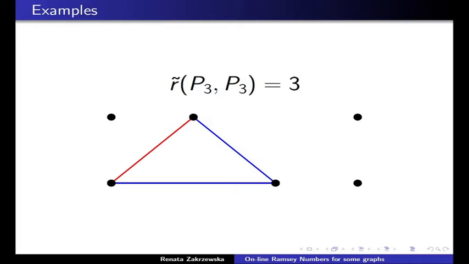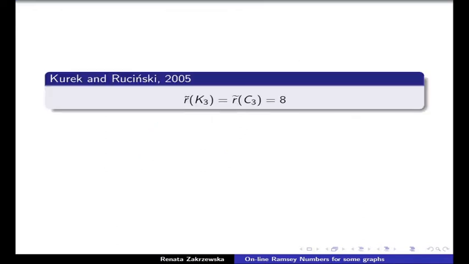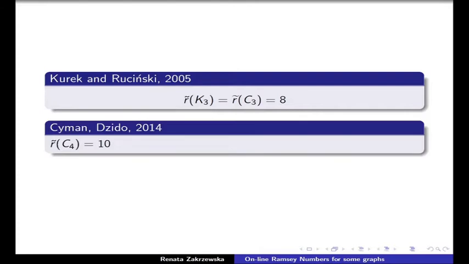We only know a few values of online Ramsey numbers. In 2005, Kurek and Ruciński proved that the online Ramsey number of K3 is equal to 8. In 2014, Cyman and Dzido proved that the online Ramsey number of C4 is equal to 10.